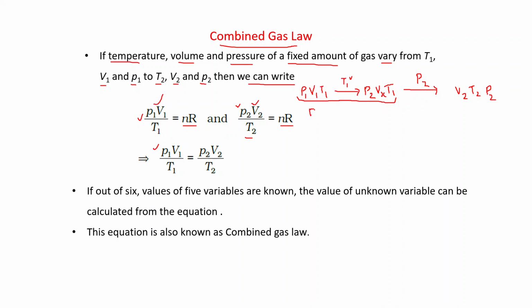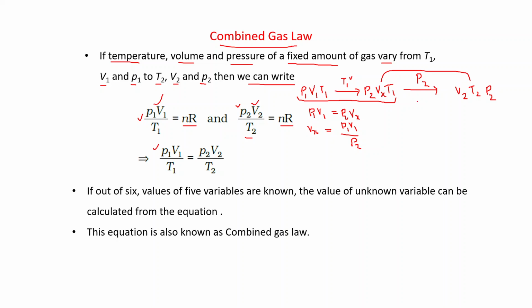That's why we can write P1 V1 is equal to P2 Vx, and then Vx is equal to P1 V1 divided by P2. Okay, and this change from this to this is taking place at constant pressure.